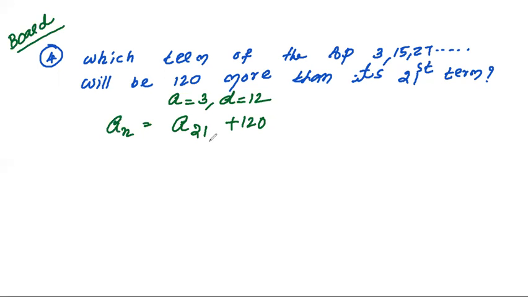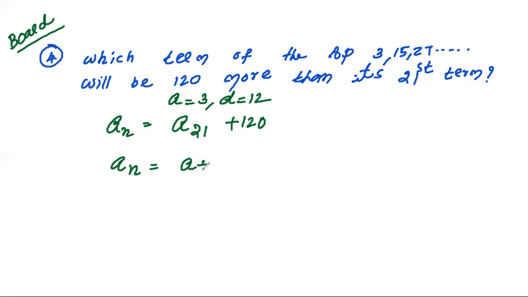We can convert it into an is equal to a21 plus 120. How did an come? Because they are asking which term of the AP. Which term means we need to find an. Then 120 more than means I have to add 120 to its 21st term. The 21st term is a21. I don't know what an is, still it is an is equal to a21 plus 120.